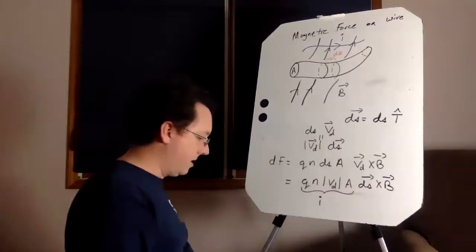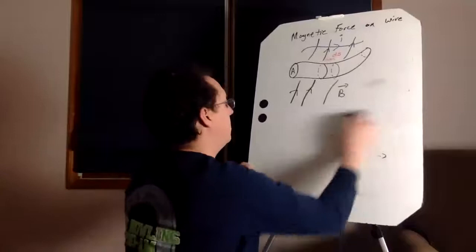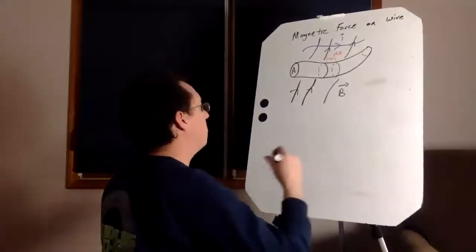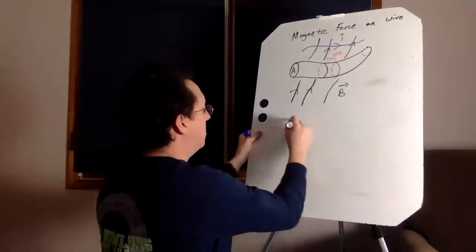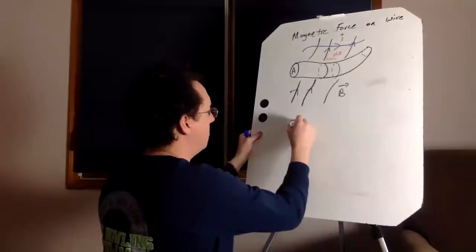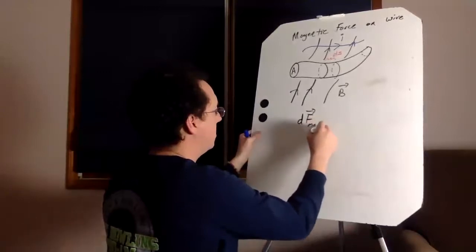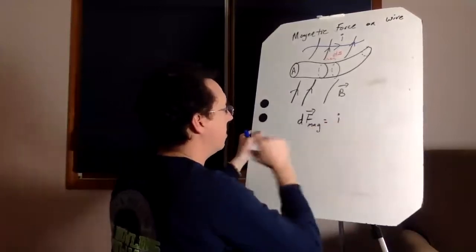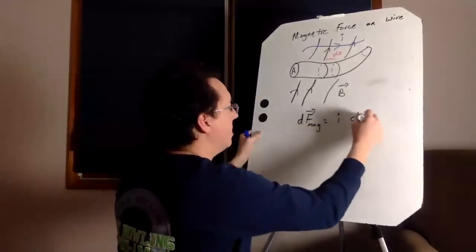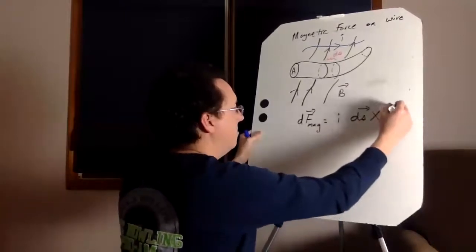So I have arrived at a handy formula for the magnetic force on a current-carrying segment of wire, which says that the force on a little segment from the magnetic field is the current carried by the wire times the arc length vector differential cross the magnetic field.